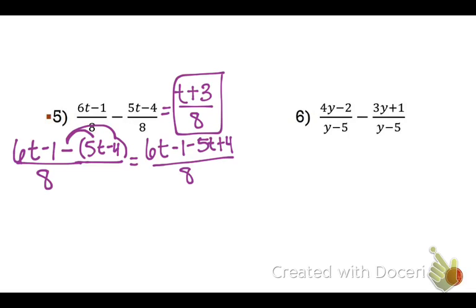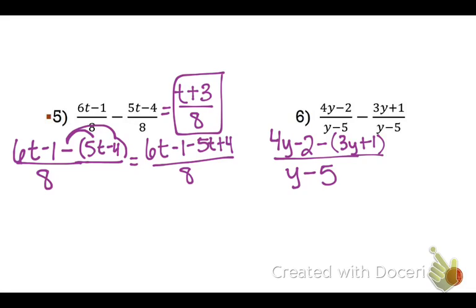Okay, on number 6, what is my denominator, at least for now? y minus 5. So I take my first numerator, y minus 2. I'm using this big old subtraction sign from the middle. So for my second binomial, I'll go ahead and put it in parentheses. 3y plus 1. We okay with that?